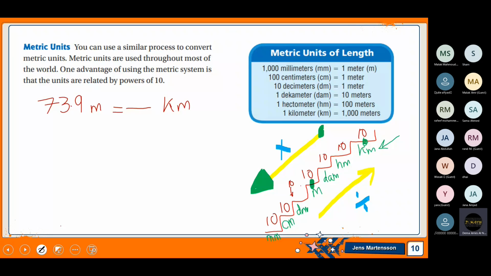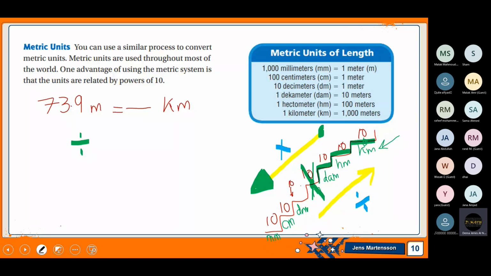Okay. So you have to go from the meter to the kilometer. Do you have to go upward or downward? Upward. Do you have to divide or multiply? Divide. So you will divide. Now, how many steps do I have to go? Remember, don't count the meter.